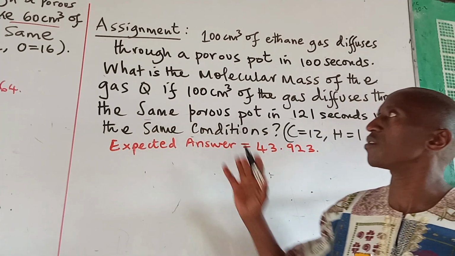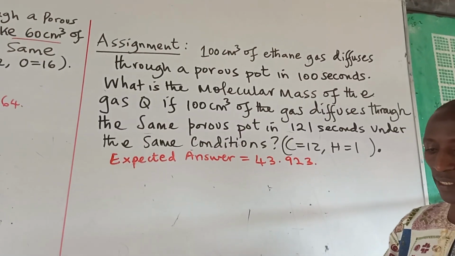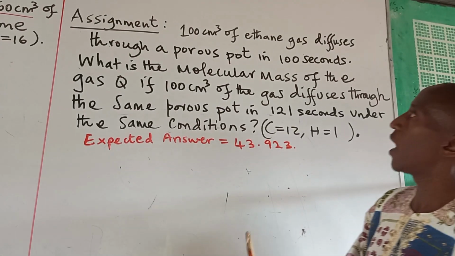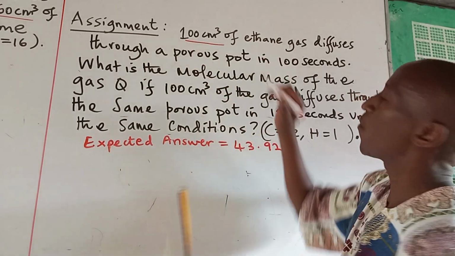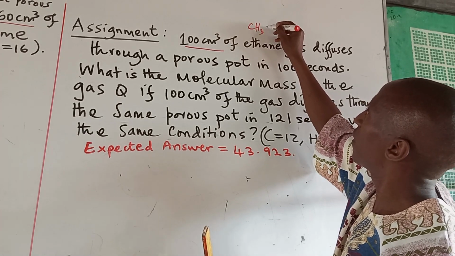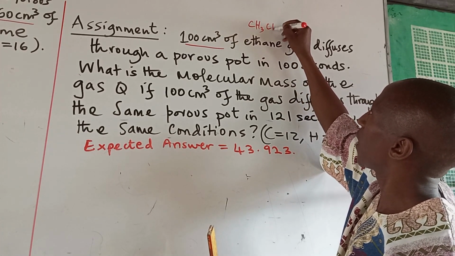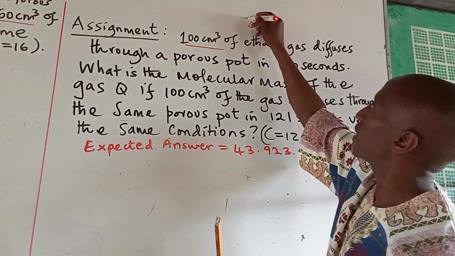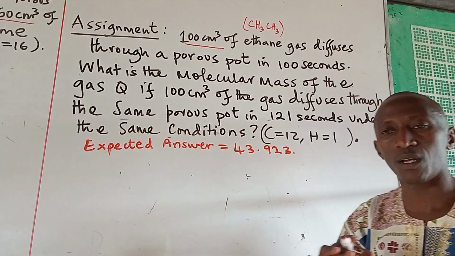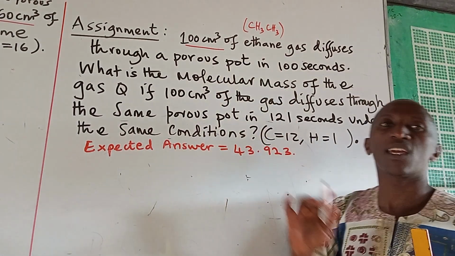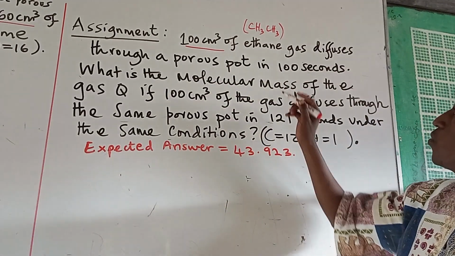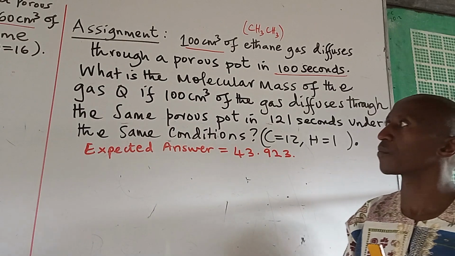I would like you to work out this question, which says that 100 centimeter cubed of ethane gas diffuses through a porous spot in 100 seconds. Ethane gas goes by the formula carbon, 3 hydrogens, another carbon, 3 hydrogens. That is the formula for ethane.